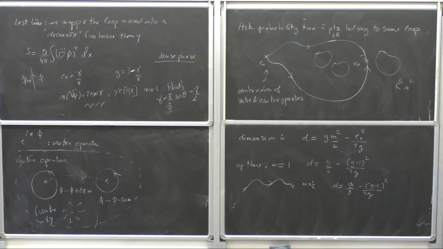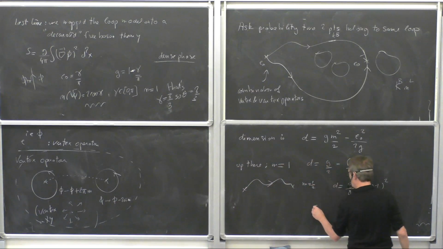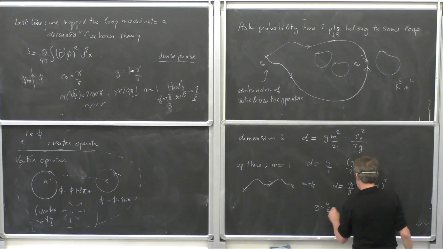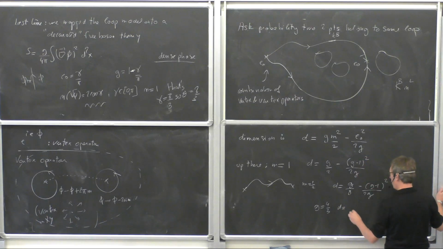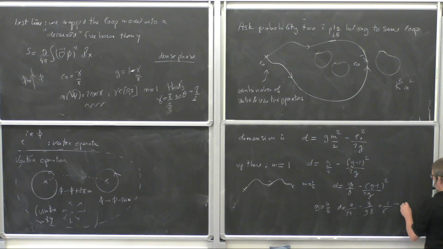So for the Ising model at the dilute fixed point, that was g equals 4/3. We get d equals 4 over 24 minus g minus 1, that's 1 over 9 times 8 over 3. So that's 1 over 6 minus 1 over 24.